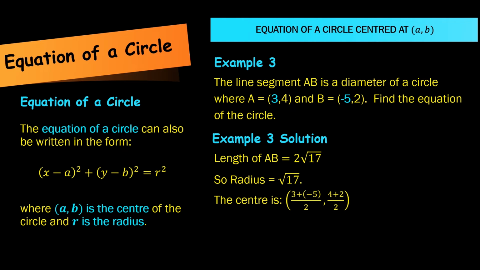Now the centre of the circle is ((3 plus minus 5) all over 2, (4 plus 2) all over 2), which equals (-1, 3).